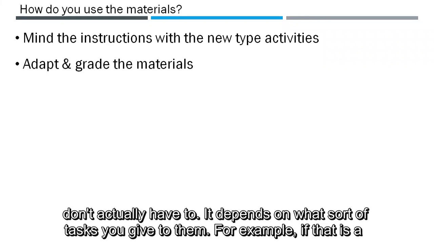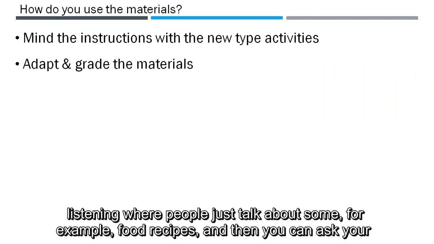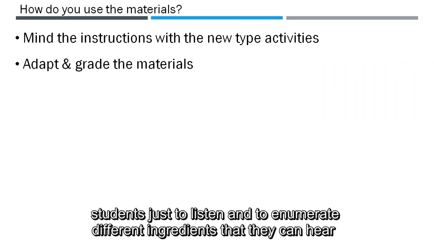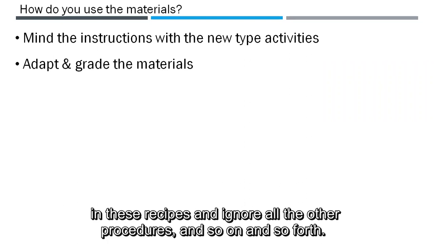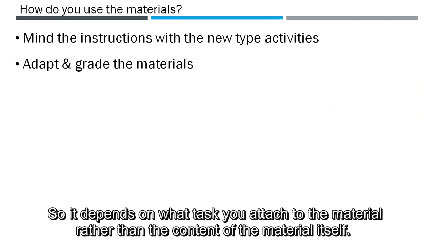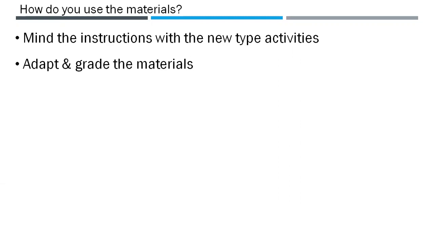For example, if that is a listening where people just talk about, for example, food recipes, then you can ask your students just to listen and to enumerate different ingredients that they can hear in these recipes, and ignore all the other procedures and so on. So it depends on what task you attach to the material rather than the content of the material itself.